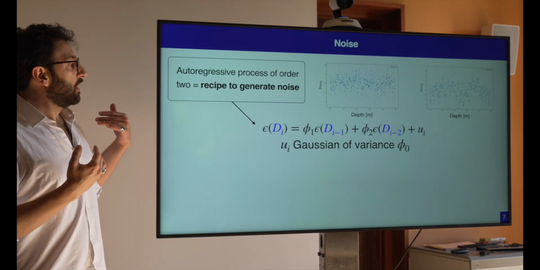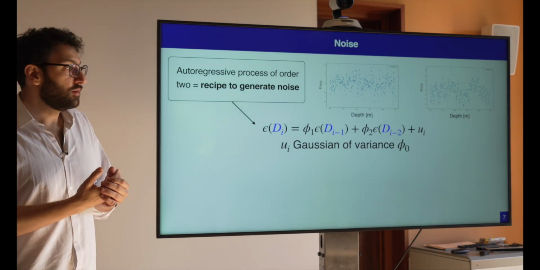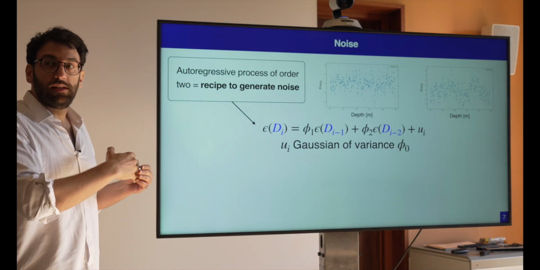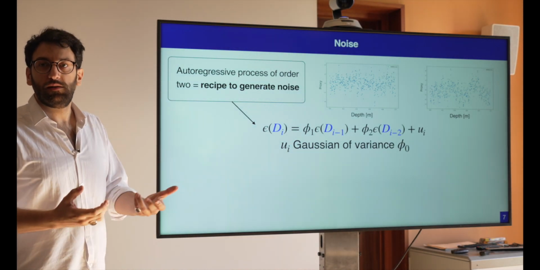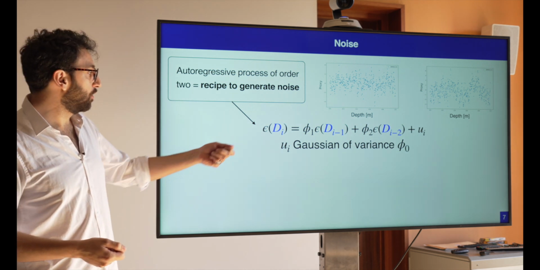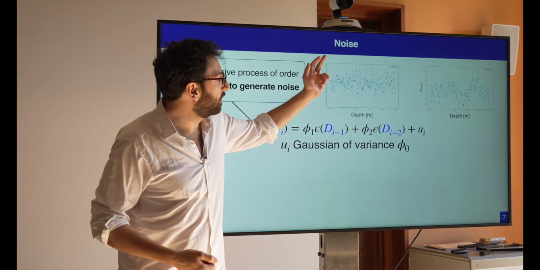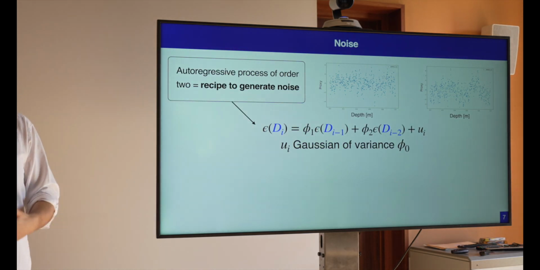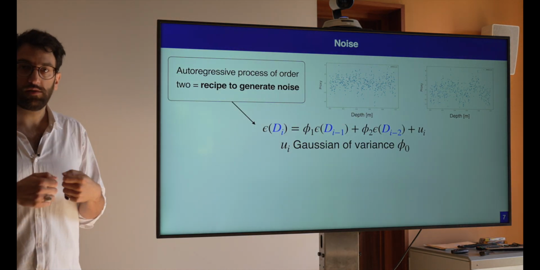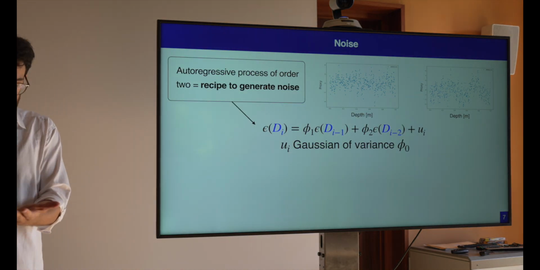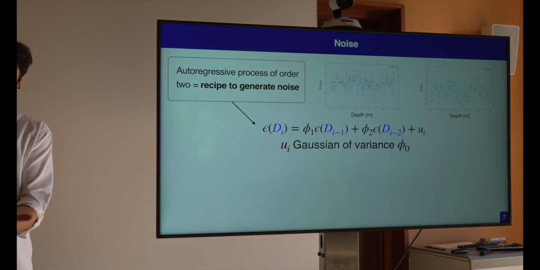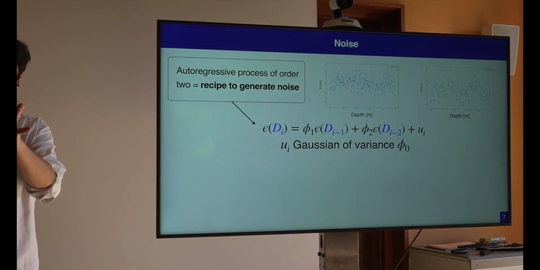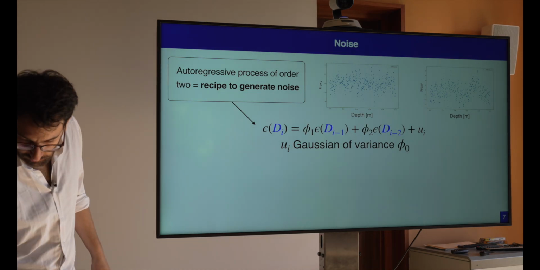And I insisted yesterday on the fact that saying this is basically defining a recipe to generate noise. So with this recipe, I can generate this noise, or an infinity of different realizations of the noise. It's like something that defines a machine where when you push the button, it generates a different realization of noise.